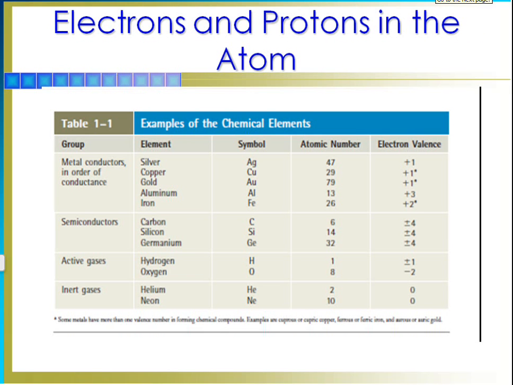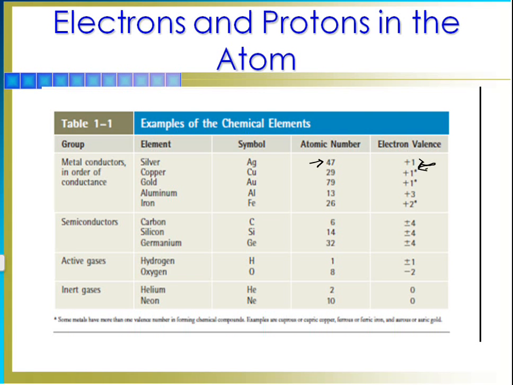So here's a quick little bit of the periodic table, though it's not really the periodic table. Silver has got an atomic number of 47, which means there's 47 protons, 47 electrons, and it makes a real good conductor. This number here, the valence number, tells us that it's a good conductor.